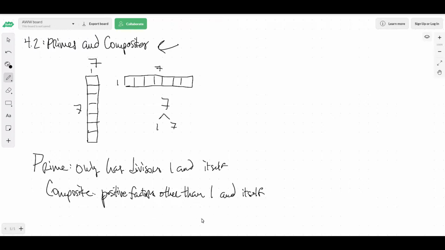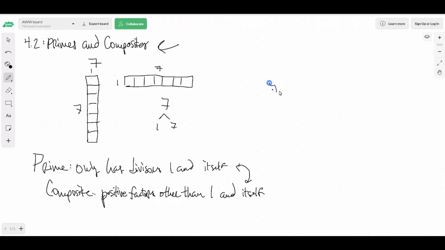Sorry, I wanted to just write out the definition real quick. So a composite definition is that it has positive factors other than 1 and itself. And that seems like a really basic definition, but they don't rely on each other. They don't use prime or composite in each other's definitions. And so it's as straightforward as we can possibly get.